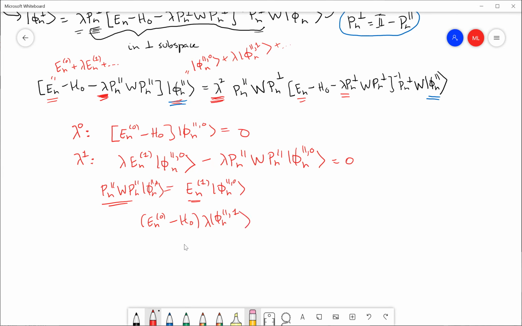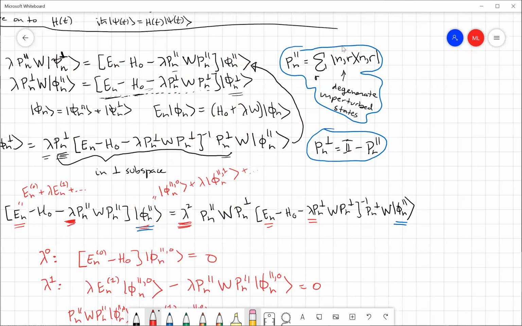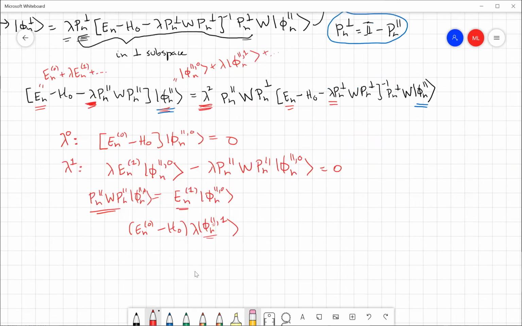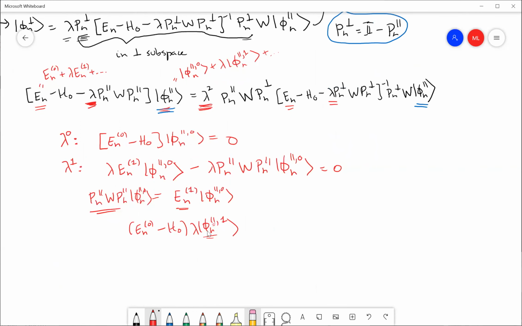Because it's in that parallel subspace, right? That's the funny thing. If it's in the parallel subspace, that means this entire vector is written as some linear combination of your degenerate unperturbed states, because the projection operator just extracts all these guys. So whatever linear combination it is, no matter what the correction is, whenever it hits the H naught, it'll just give us En0 again, because it's in that degenerate subspace by definition.